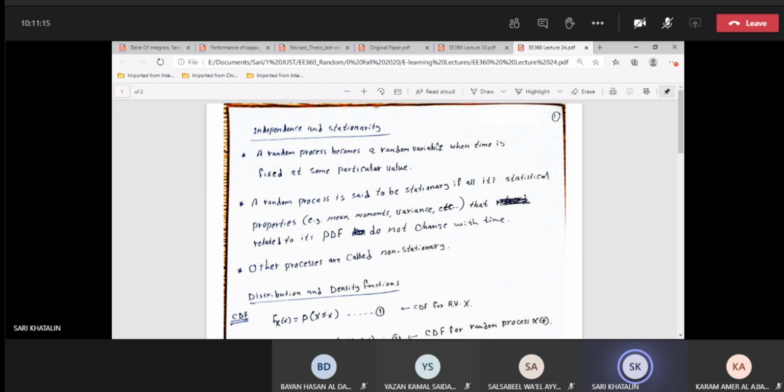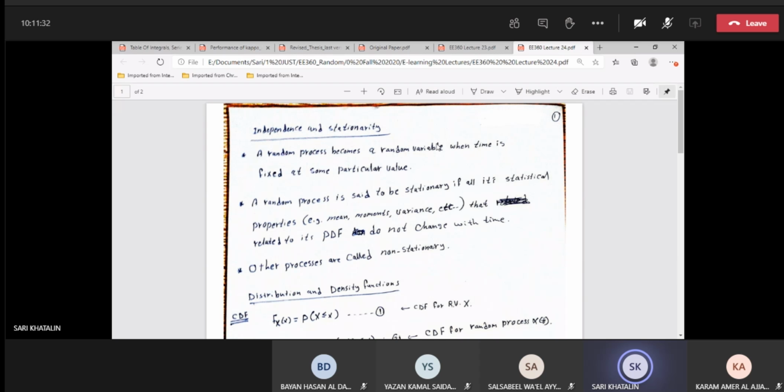Well, that's given, because like we said, the difference between the random variable and the random process is assigning the time to each outcome. Now, if the time is fixed, obviously it's no longer a random process. It's just a random variable, okay?